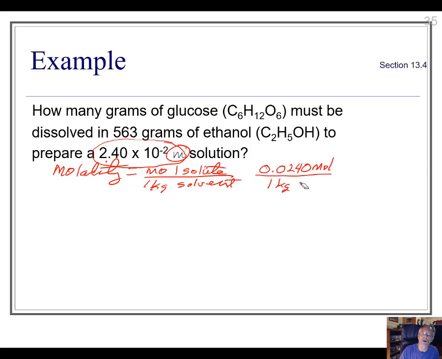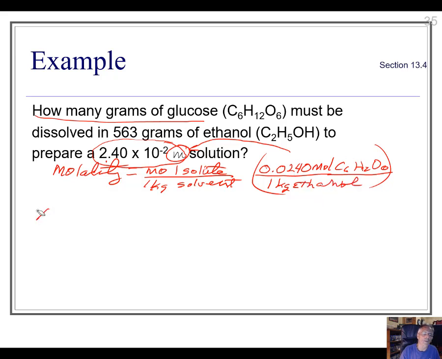So this is kilograms of ethanol, and this is moles of C6H12O6. So this term right here is that concentration, and that's what we're going to use to figure out how many grams of glucose we need to make this concentration of solution.